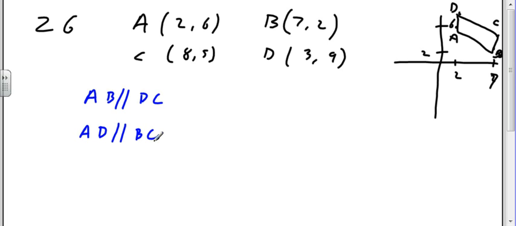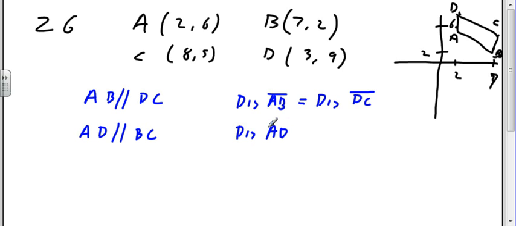We may want to show that the distance AB is equal to the distance DC, and the distance AD is equal to the distance BC. Okay, now, do I have to show both of those conditions to have a parallelogram, or do I only have to show one side or the other?